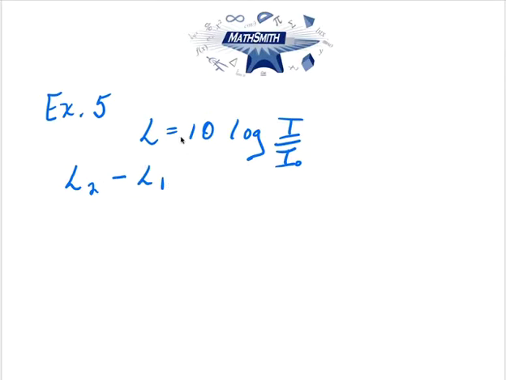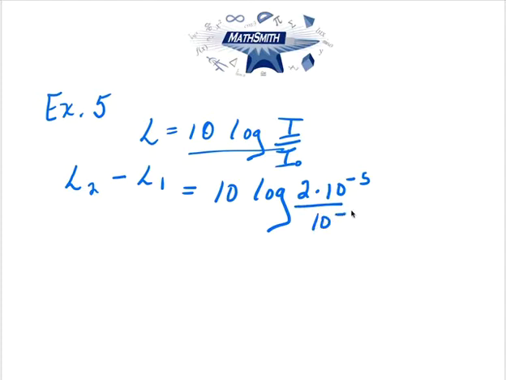All right, so we're going to basically do this equation for two stereos and subtract it for one stereo. So this is going to be equal to 10 log. Now, each stereo produces 10 to the minus 5, but we got two of these stereos, so it's 2 times 10 to the minus 5 divided by 10 to the negative 12.